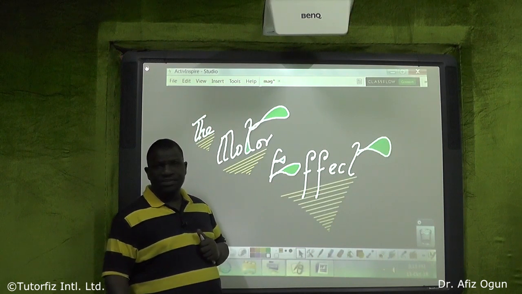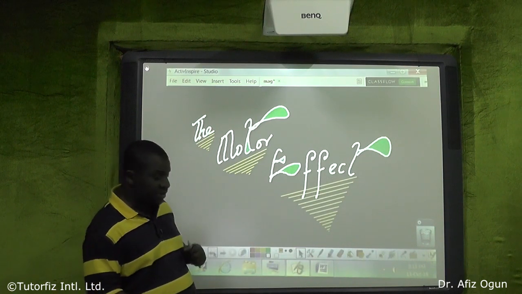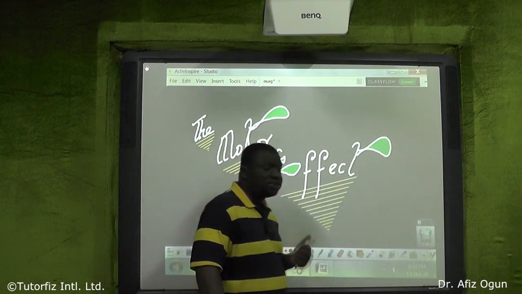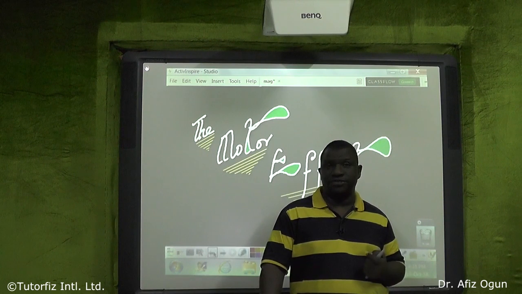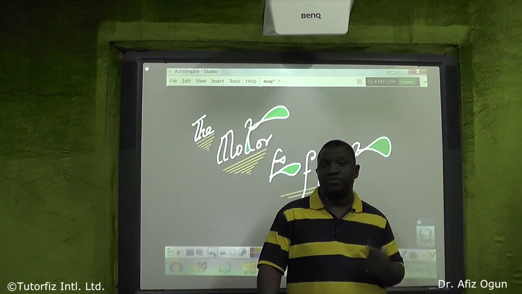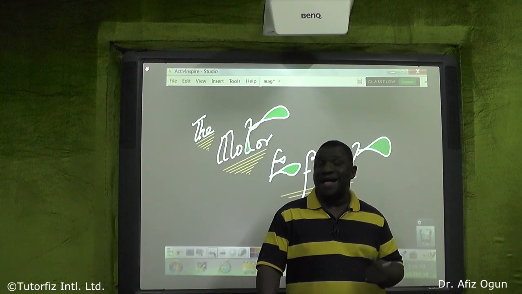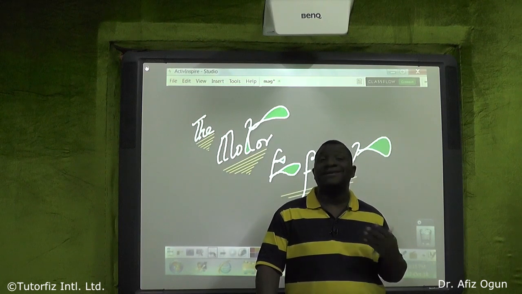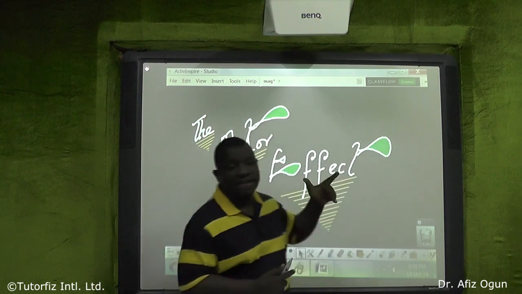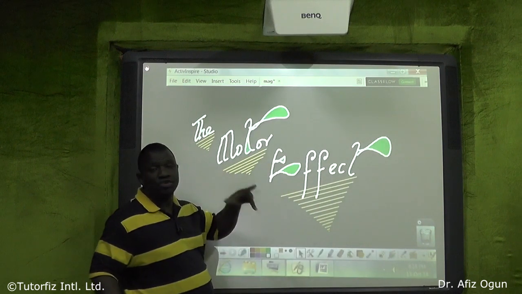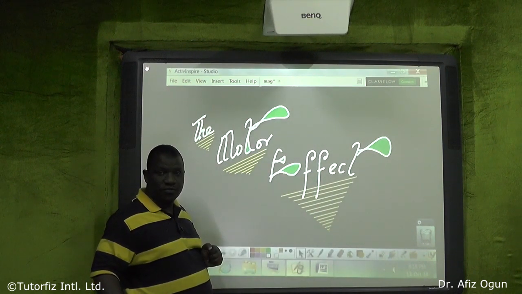So what should we bother ourselves about? We should bother ourselves today about the magnitude of this force which causes the motion, and the direction of the force. The direction of the force is something you already know using Fleming's left-hand rule. We are going to continue to use that for the direction of the force.